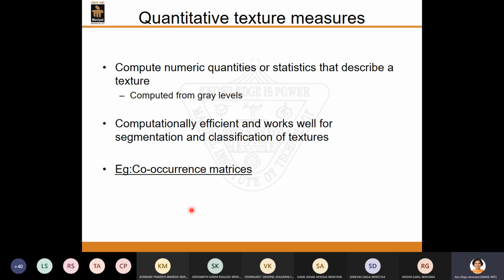These measures can be used as a feature vector to represent that particular image, and that is called histogram features. Histogram features is one of the very simplest techniques by which you can represent the image.